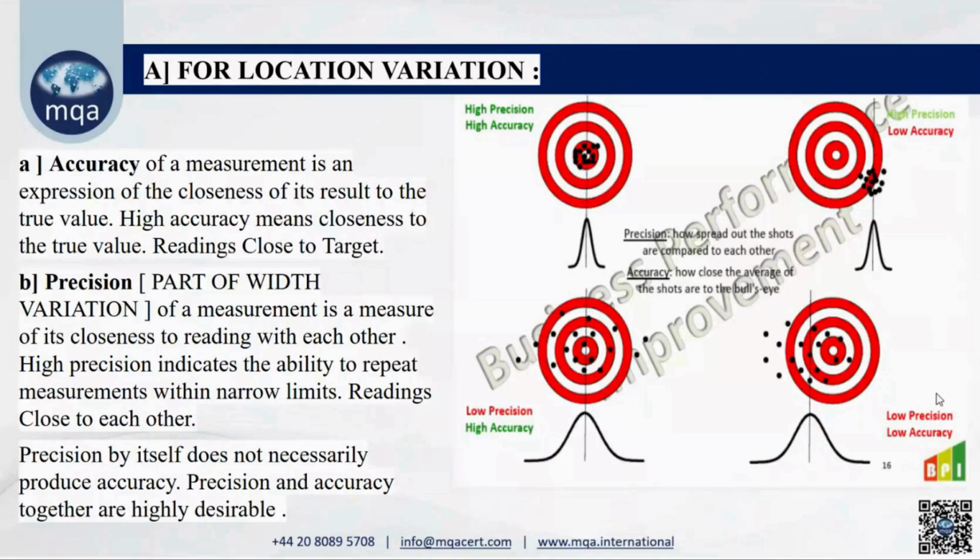Now the third case, if you go from this side, it is distributed everywhere, meaning neither is it accurate nor is it precise. Now if you see this one here, compared to the second, this is more accurate.